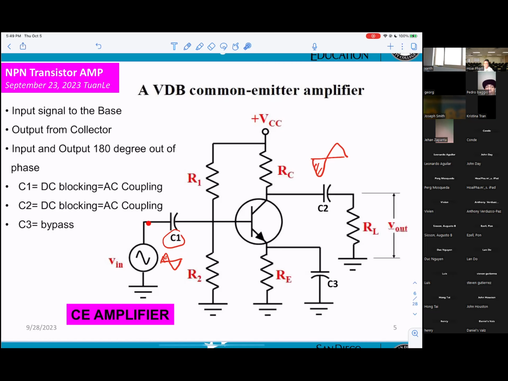And basically, they don't want any DC from here to go to the amplifier. So that's why C1 they call a DC blocking. However, they allow your voice to go through. That's what they call an AC coupling.